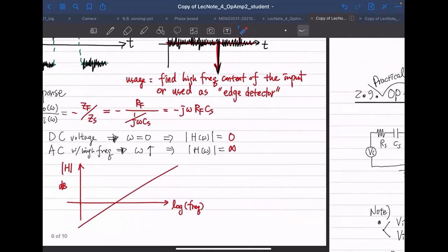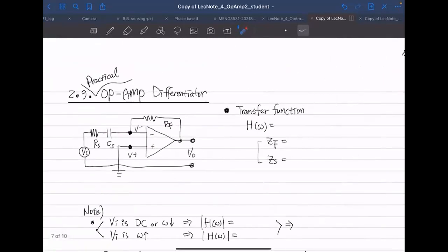And if we move on, we have the same story here. Practical op-amp differentiator. What we're doing is we would like to introduce an additional resistor next to the capacitor.